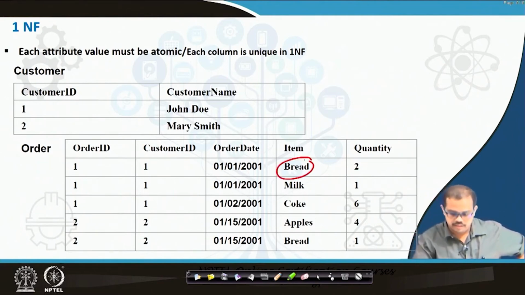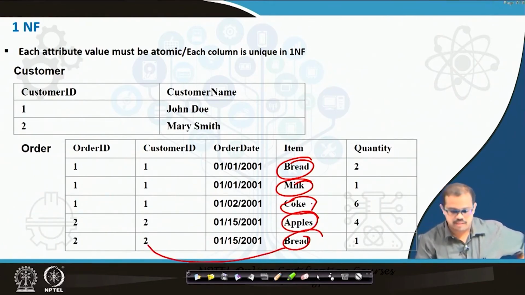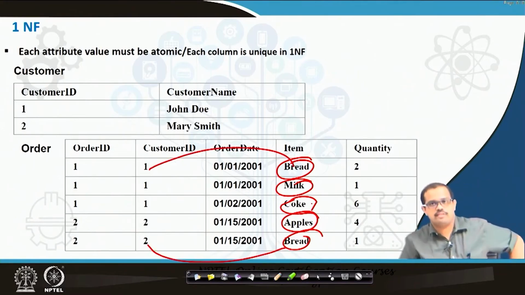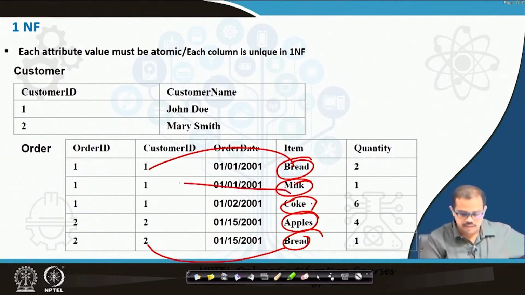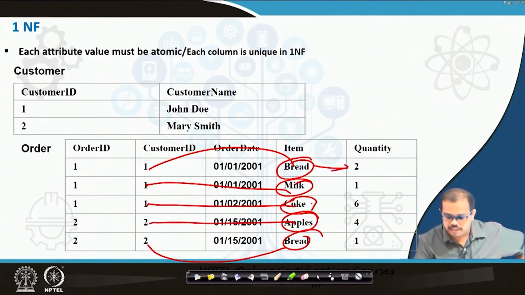If you see here, bread, milk, coke, apples and bread. Bread is for the first customer, milk is related to the first customer, coke is related to the first customer, apple is related to the first customer, and the quantity is related here.